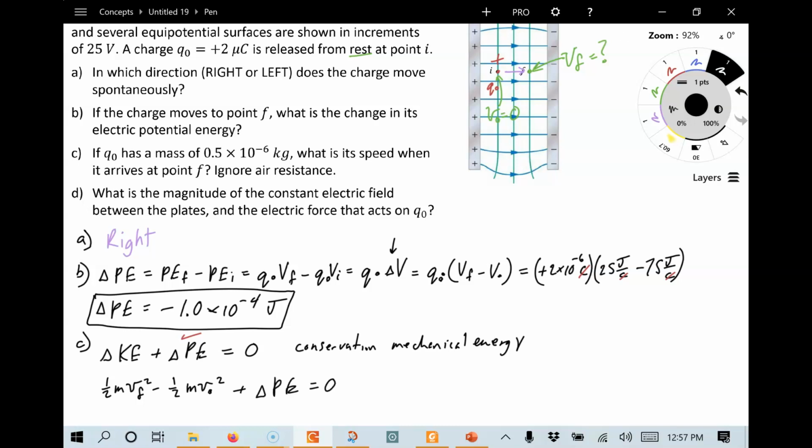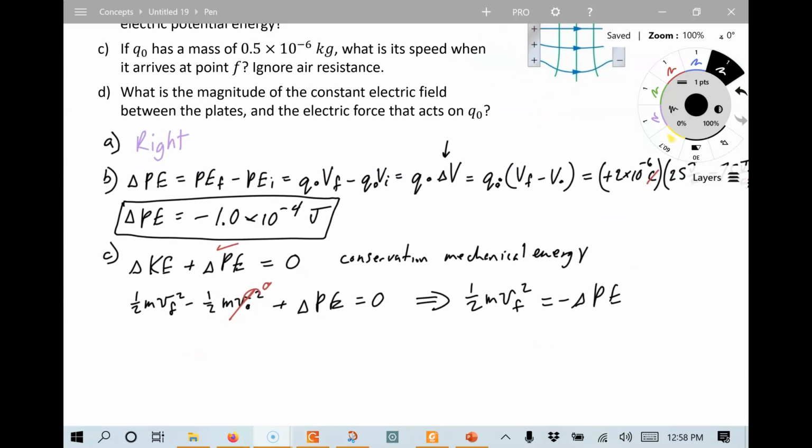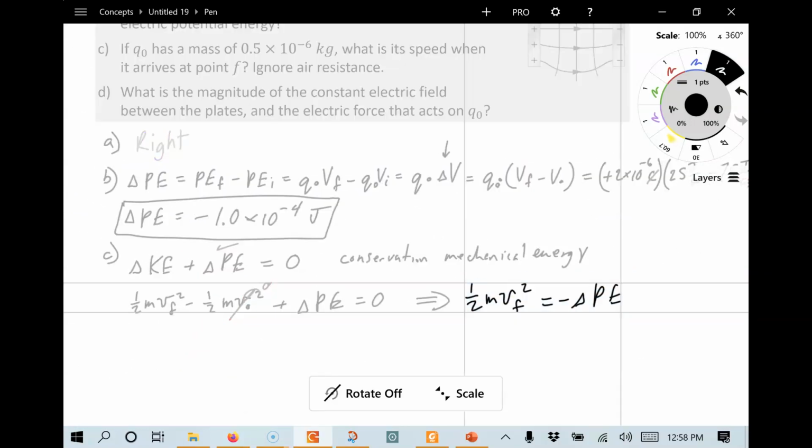We said that the initial speed is 0, so that whole term is gone. We can write this as 1/2 m v final squared, and I'm going to subtract the delta PE from both sides, bringing it over. I get this. And finally, we need to solve for v, right? So let's do a little bit of algebra here.